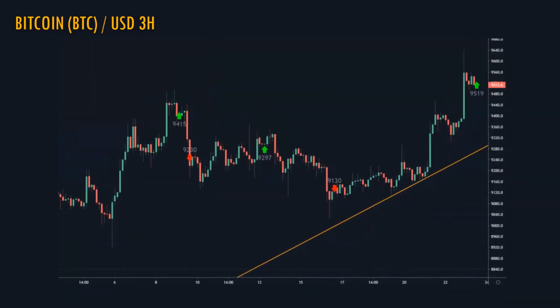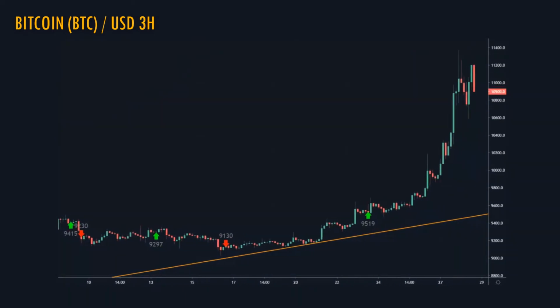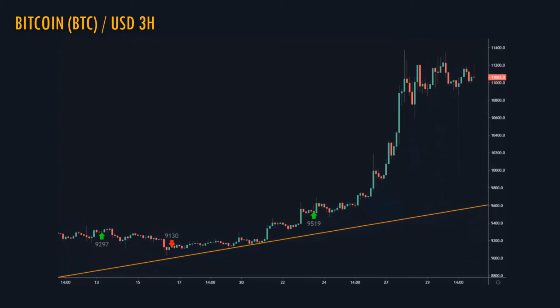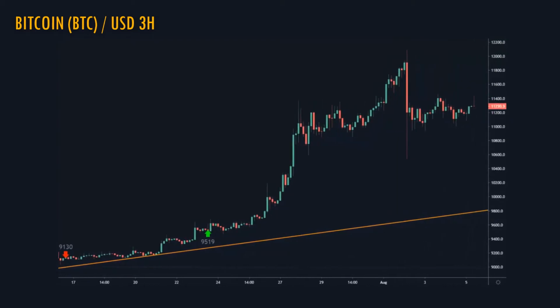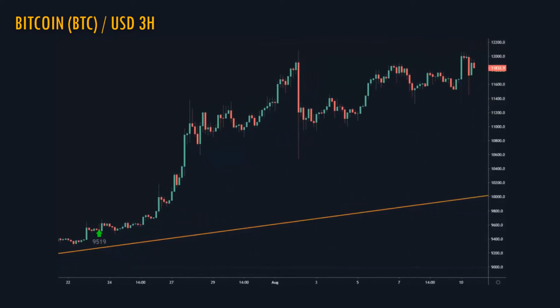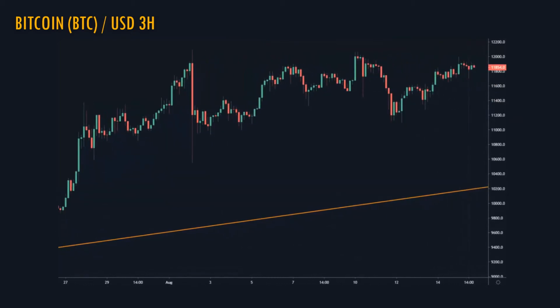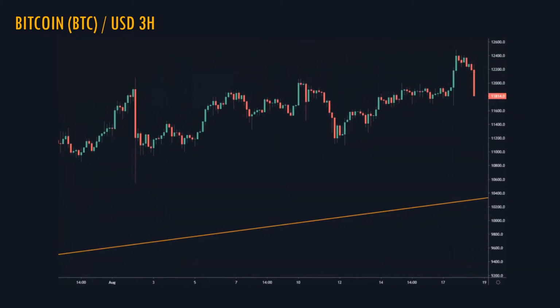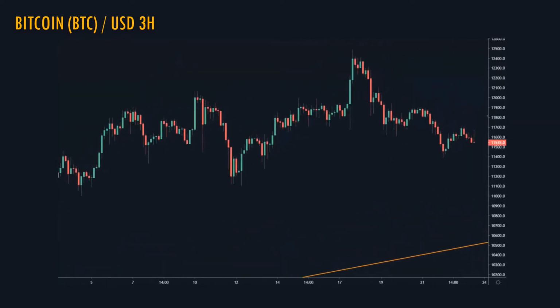So like I said, every bar here represents 3 hours of price action. As you can see, we're not always trading. In this particular trade, it actually lasted for about a month. So sometimes, depending on what's happening, we don't have to trade all the time.